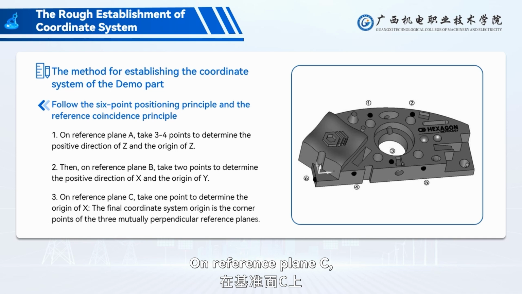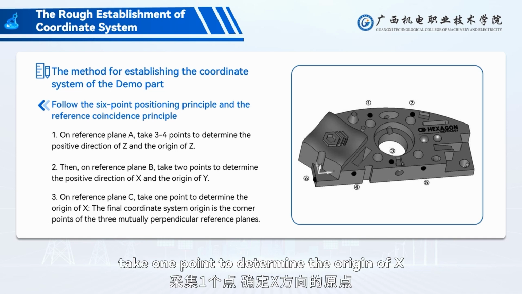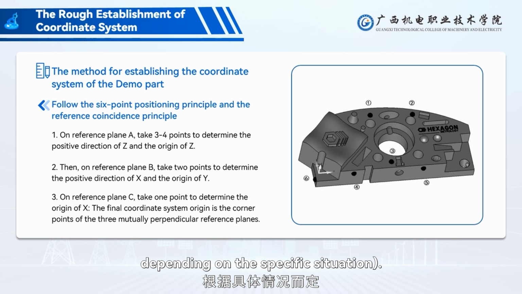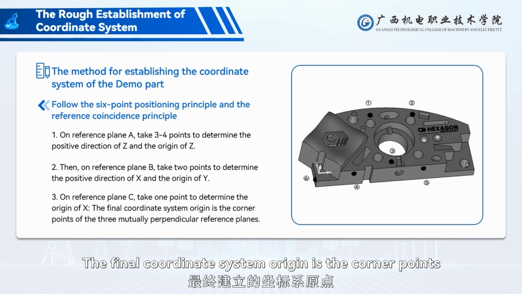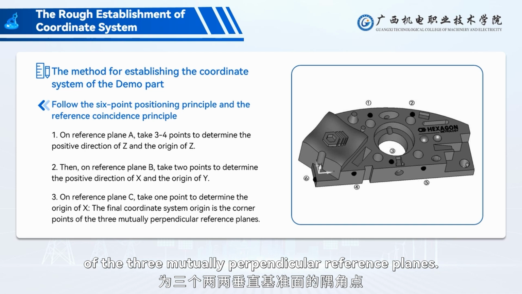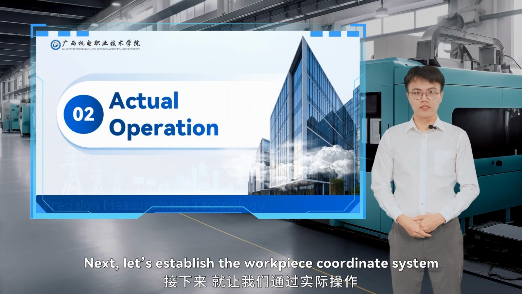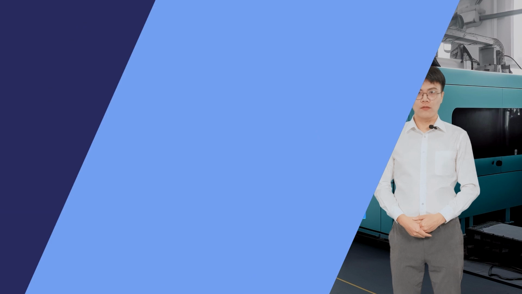On reference plane C, take 1 point to determine the origin of x or the origin of y, depending on the specific situation. The final coordinate system origin is the corner points of the 3 mutually perpendicular reference planes, as shown in the image to the right. Next, let's establish the workpiece coordinate system through practical operation.